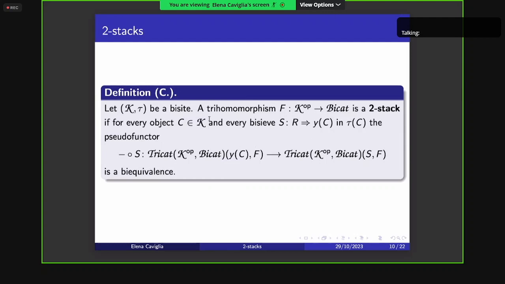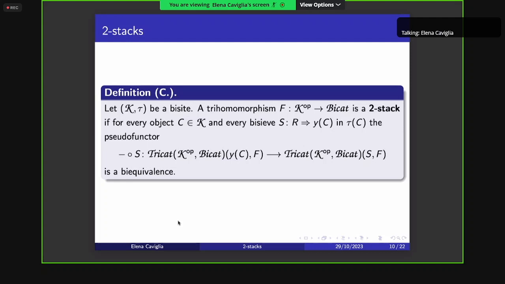We say that this trihomomorphism is a two-stack if for every bisieve, the pseudofunctor given by precomposition of that bisieve is a bi-equivalence. This definition really generalizes Street's characterization of the notion of stack, and it looks quite nice, but the problem with this is that it is very implicit.